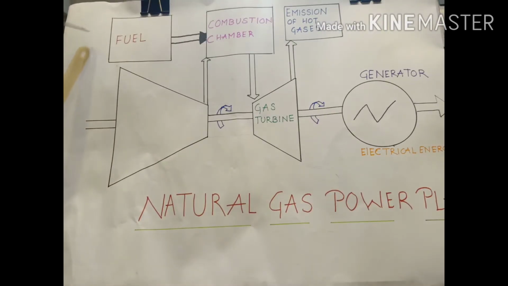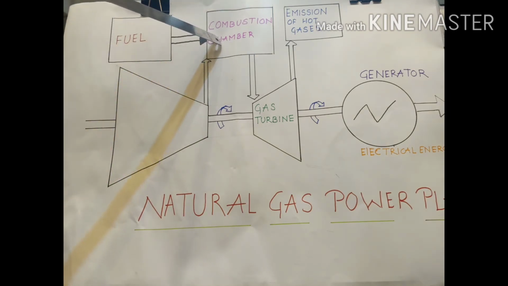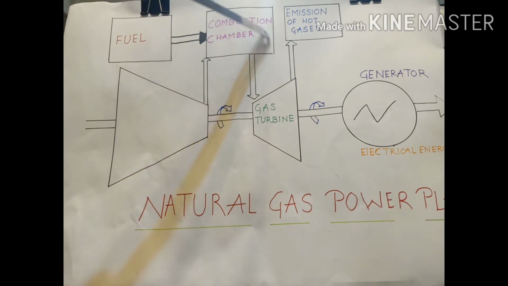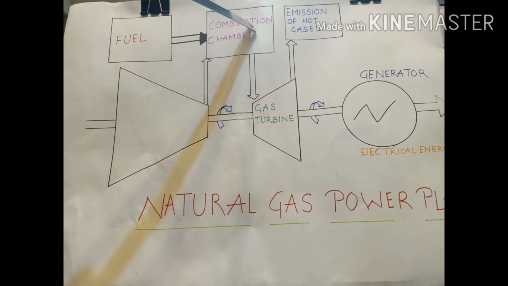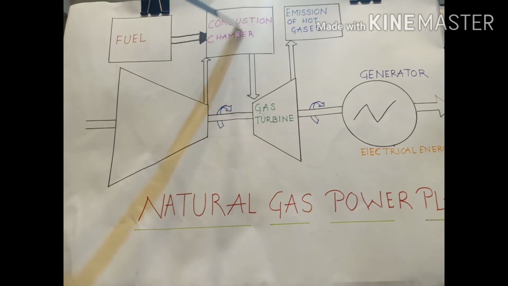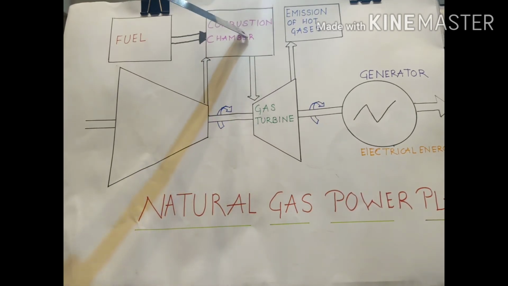Students, this is a schematic diagram of a natural gas power plant. You can see over here the fuel is fed into the combustion chamber along with pressurized air. In the combustion chamber, the fuel expands, its temperature increases, its pressure increases.